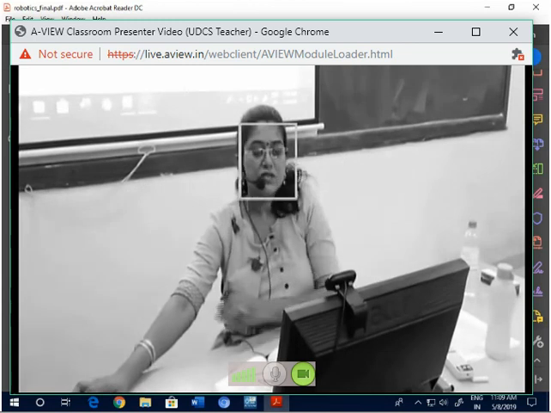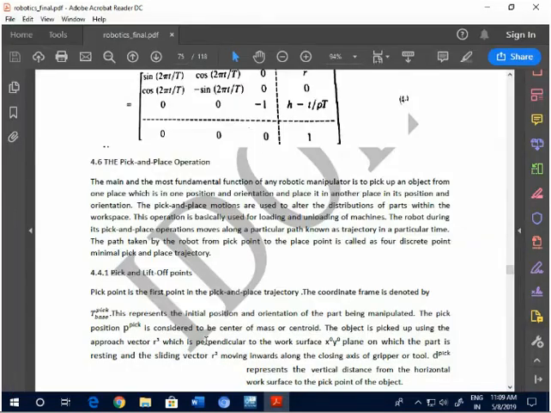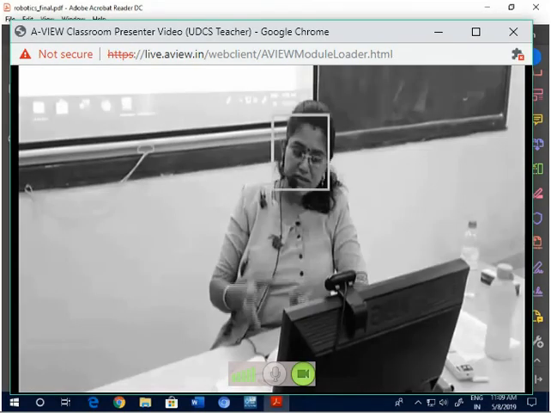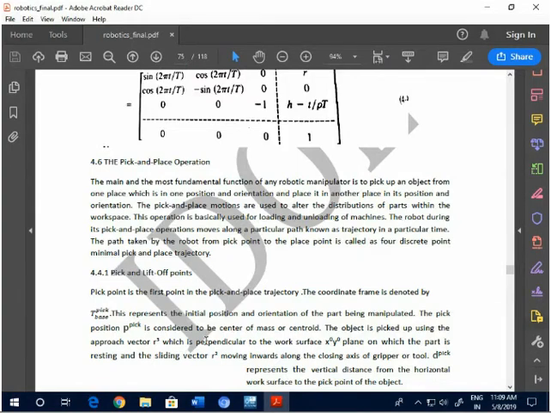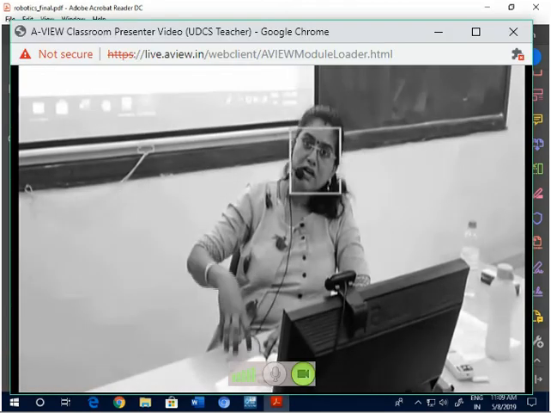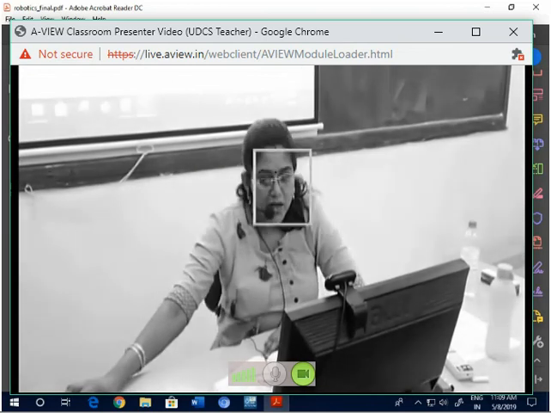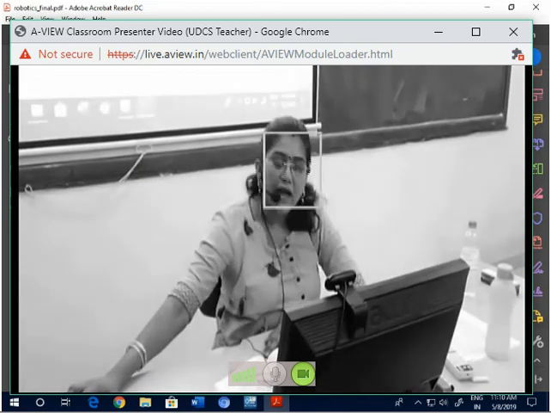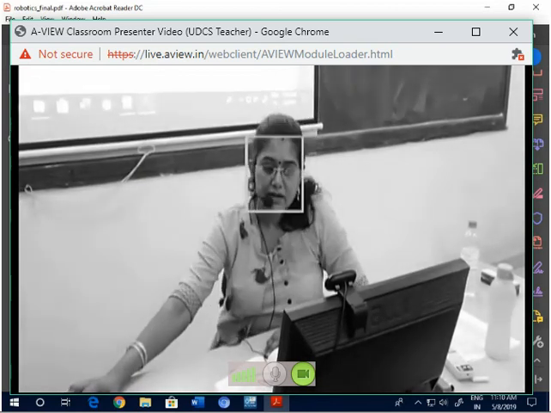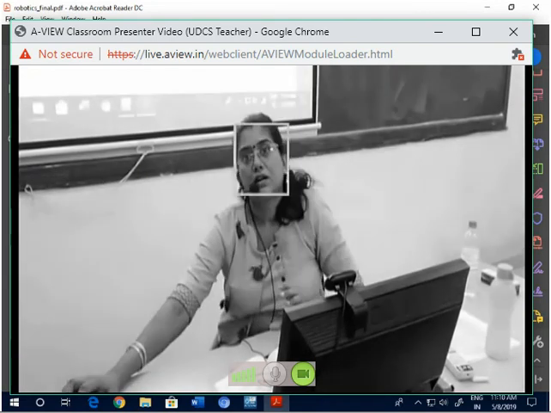So this represents the initial position and the orientation of the part being manipulated. The pick position is considered to be the center of mass or centroid, and the object is picked using approach vector r raised to 3, which is perpendicular to the work surface, the x0 y0 plane on which the part is resting, and the sliding vector r square moving inwards, closing the gripper.